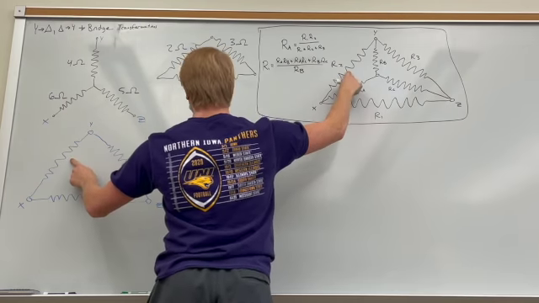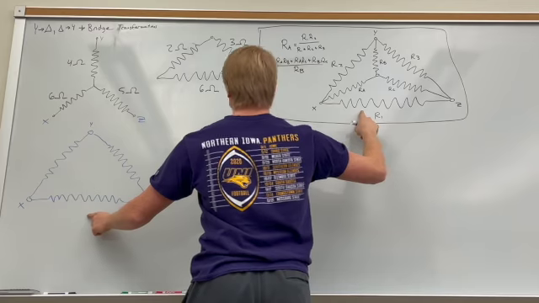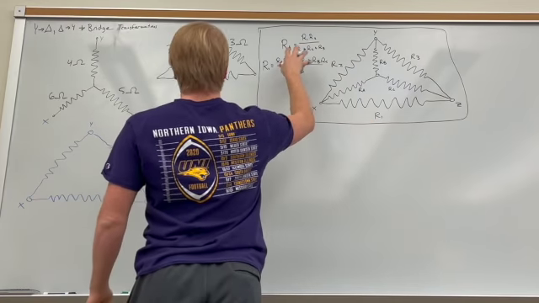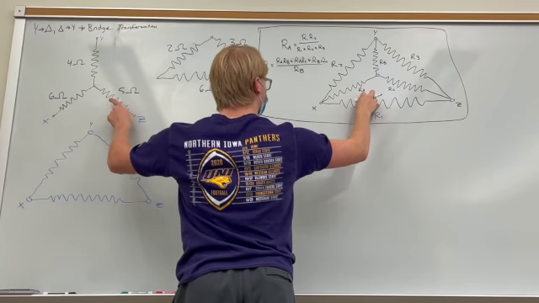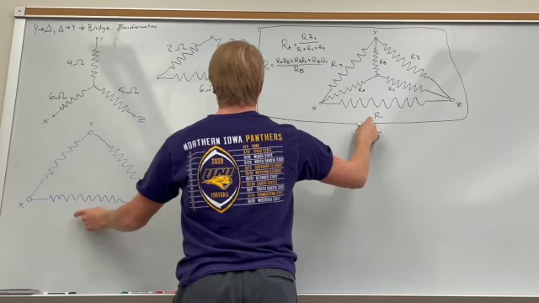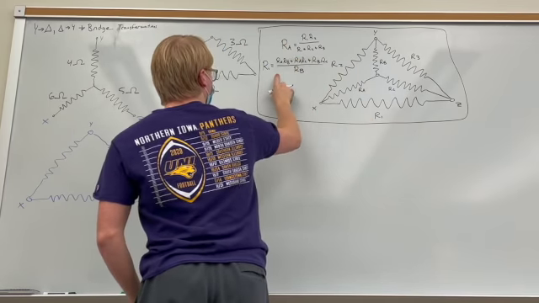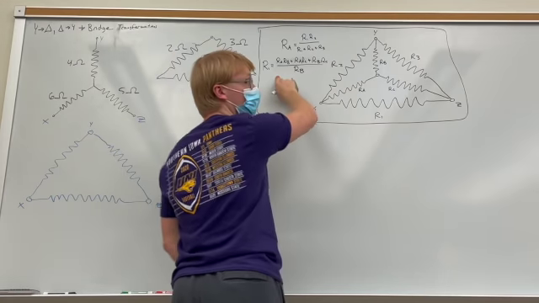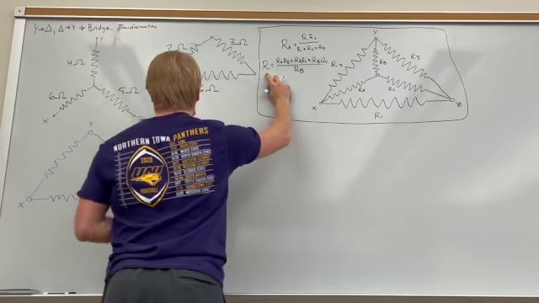Here's my R2, here's my R3, here's my R1. Since we're going from the letters to the numbers, we're going to use this equation. Does that make sense? Because we're going to find R1, R2, and R3. That's what we need.